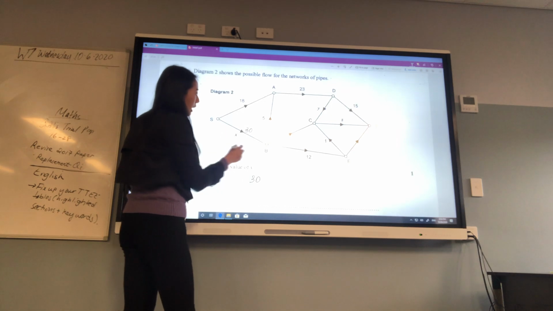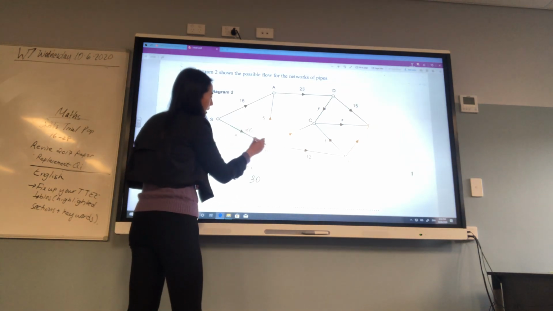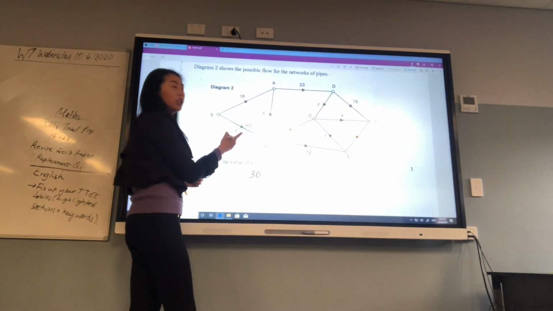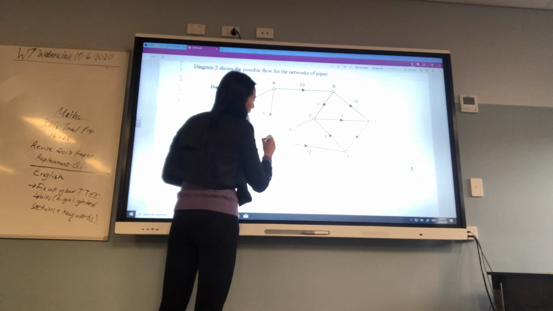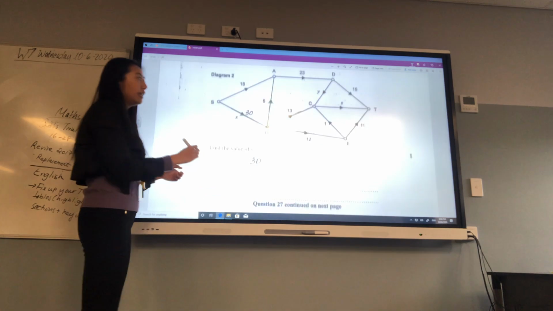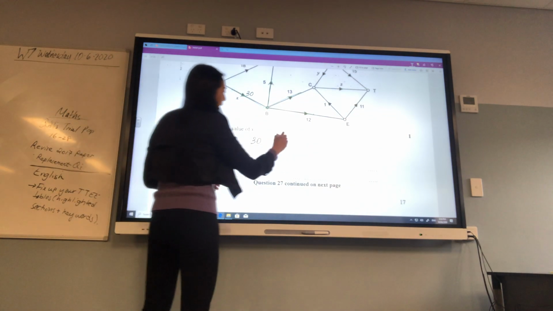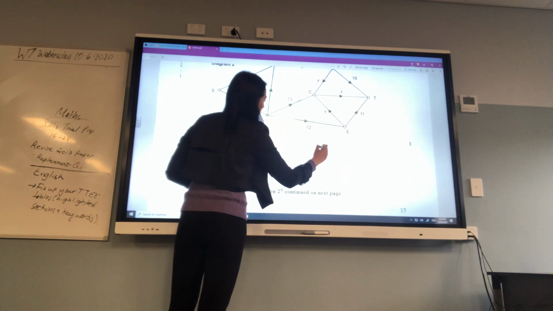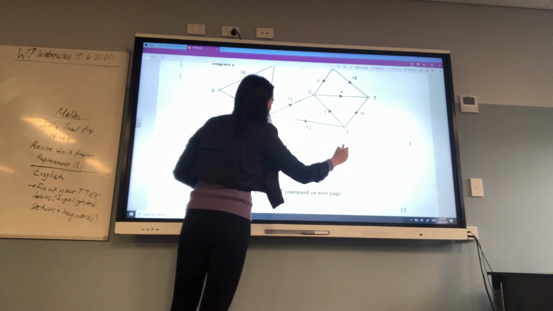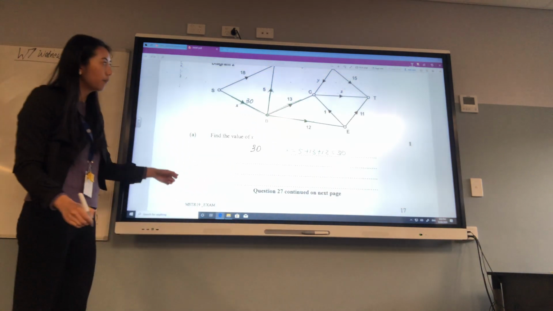What's going into B? This x, and that's the only thing. And you have 5, 13, and 12 going out. So x should be equal to 5 plus 13 plus 12. That will give you 30. x is equal to 30.